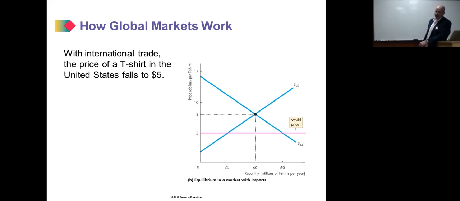Remember, in the US, our price is set at $8 a shirt, and at $8 a shirt, we're going to buy 40 million. Now, all of a sudden, the world price is set at $5. If the world price is set at $5, we would expect the price in the United States to fall to $5.